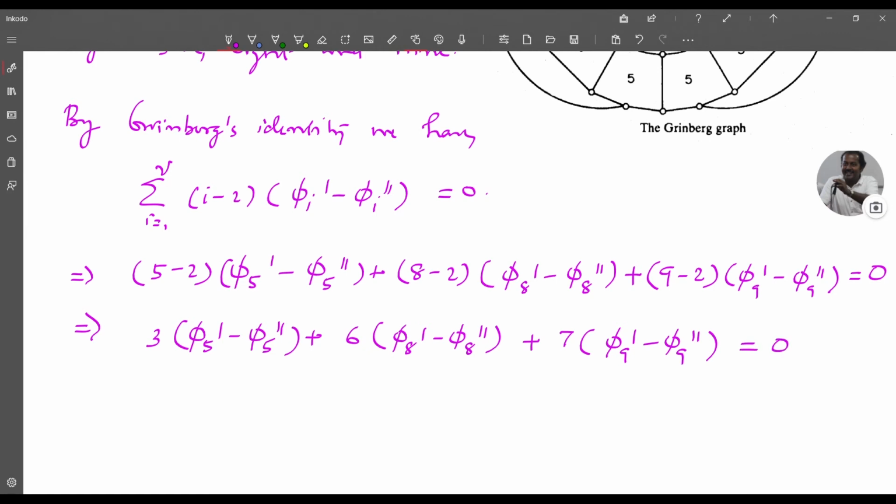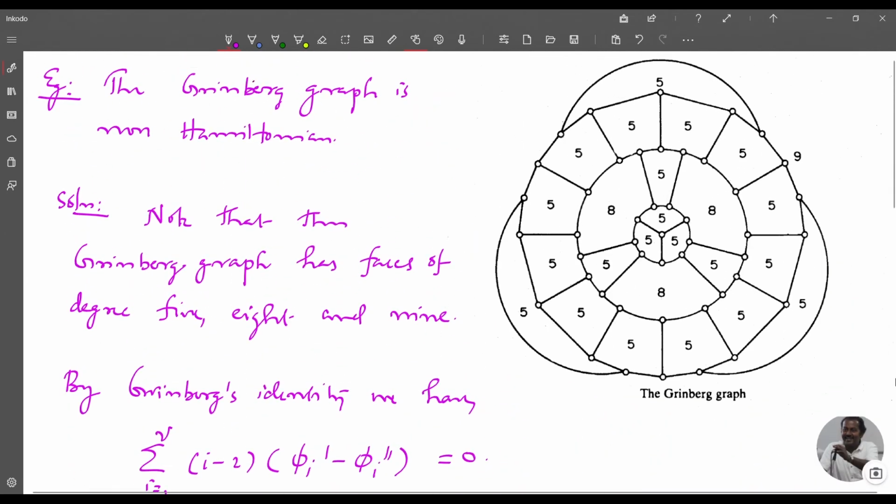Now taking modulo 3, this term is a multiple of 3 and this is a multiple of 3, so that gives 0 taking modulo 3. So this implies 7(φ_9' minus φ_9'') is equal to 0 mod 3. And from the graph, observe that there is exactly one face of degree 9. Either it is an interior face or an exterior face.